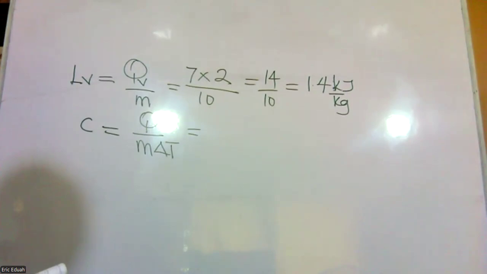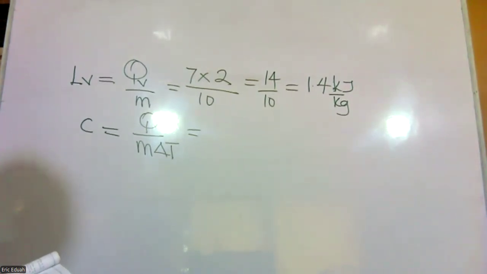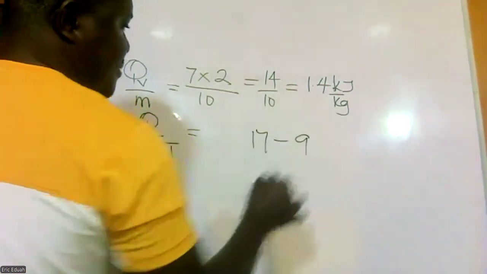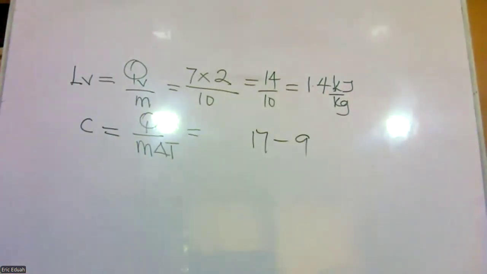Q is 17 minus 9. And what is 17 minus 9? 8.